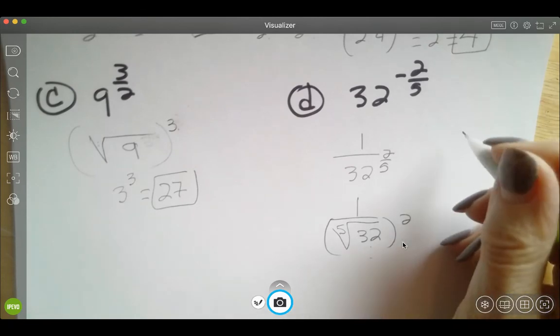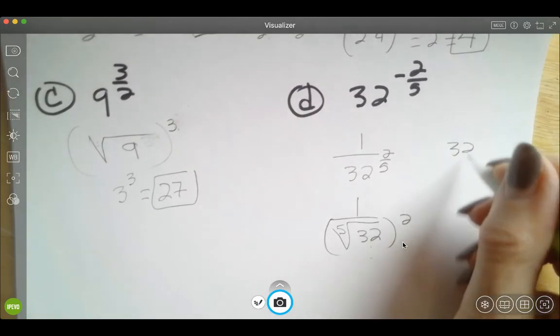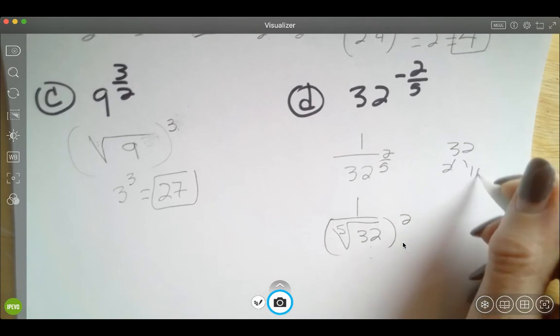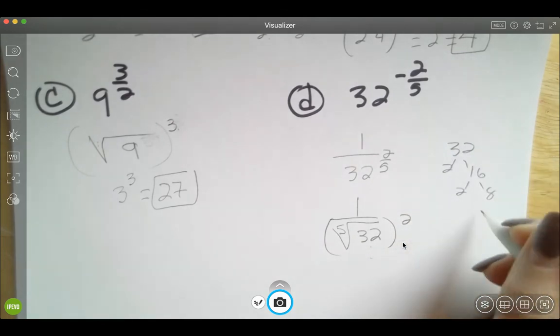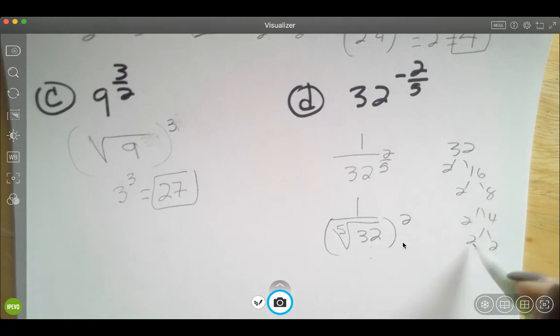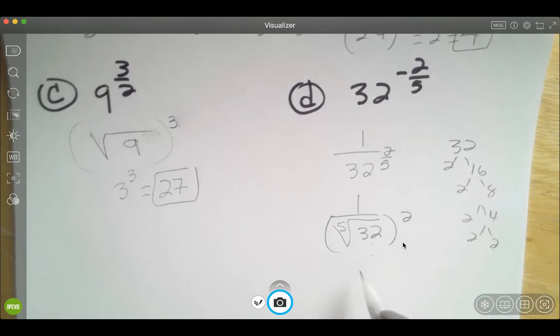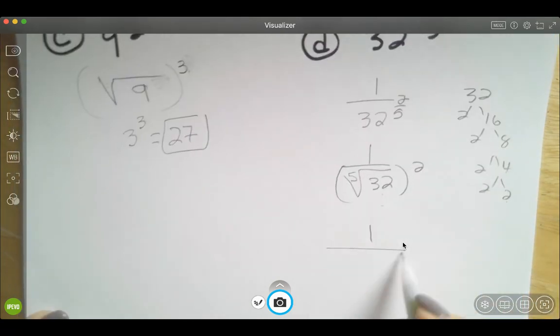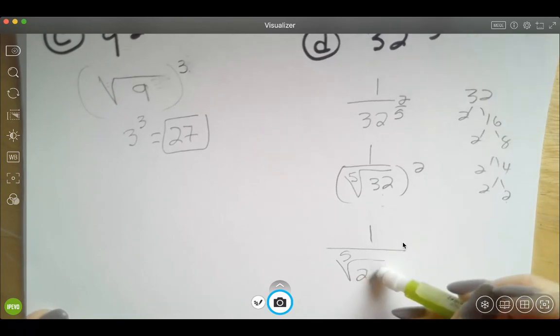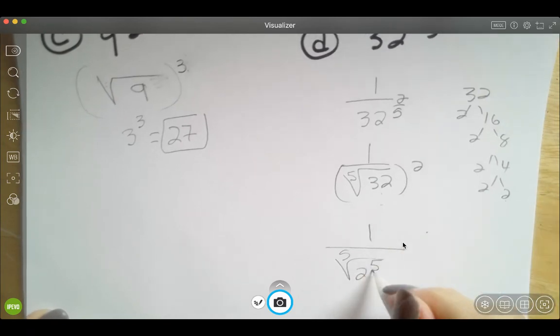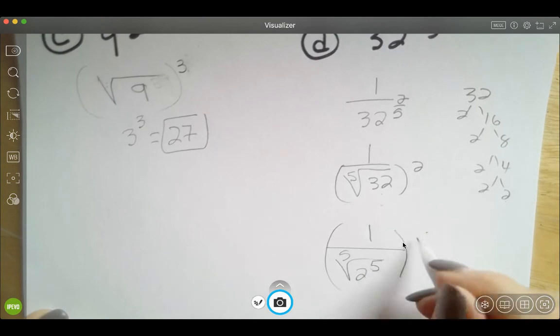So now, if I prime factor 32, 2 and 16 and 2 and 8 and 2 and 4 and 2 and 2. 1, 2, 3, 4, 5. So I have 1 over the 5th root of 2 to the 5th, not 6. 2 to the 5th. And this whole thing is squared.